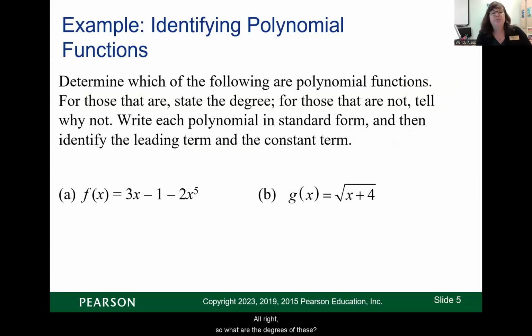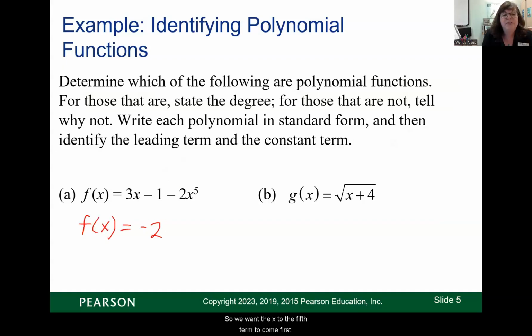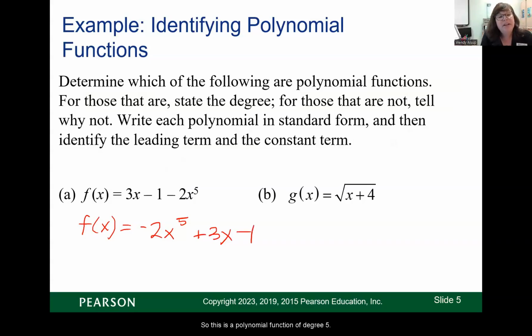All right, so what are the degrees of these? Well, let's put this first one in order here. So we want the x to the 5th term to come first. Then the 3x term will come in the middle, and the constant -1 will go to the end. So this is a polynomial function of degree 5, okay?